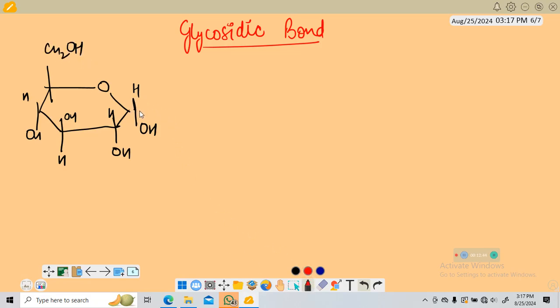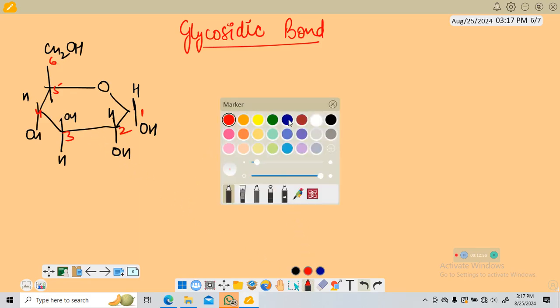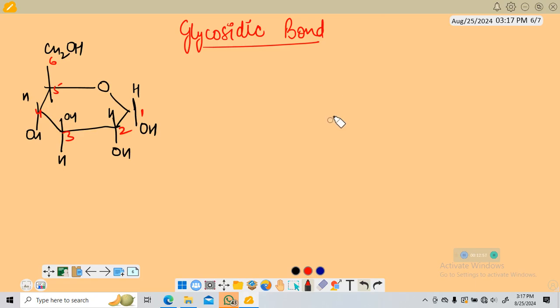This is carbon number 1, carbon number 2, 3, 4, 5 and 6. Again, on this side I will draw another glucose molecule. Glucose has 6 carbons. In ribose we have 5.